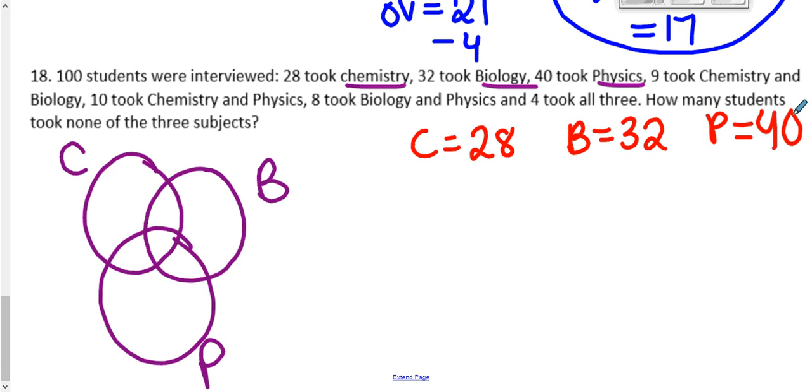9 took chemistry and biology, 10 took chemistry and physics, 8 took biology and physics, and 4 took all 3. So we can put a 4 in the middle, and we can figure out what else is in those overlaps.